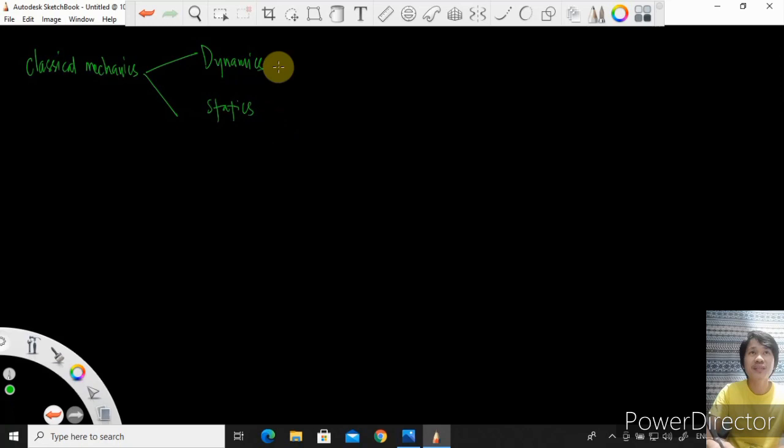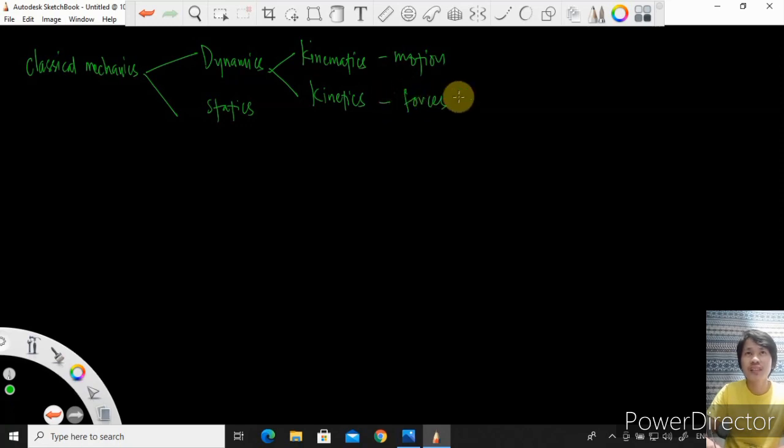So under dynamics, sabi ko sa inyo before, dalawa pa yan, no? Kinematics and kinetics. Kinematics is all about motion, while kinetics is about forces and motion.